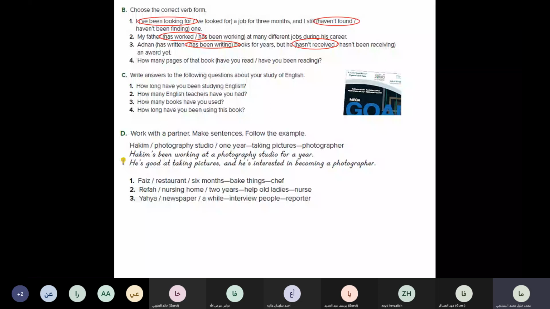And we ask with how many? I wrote it. Okay.